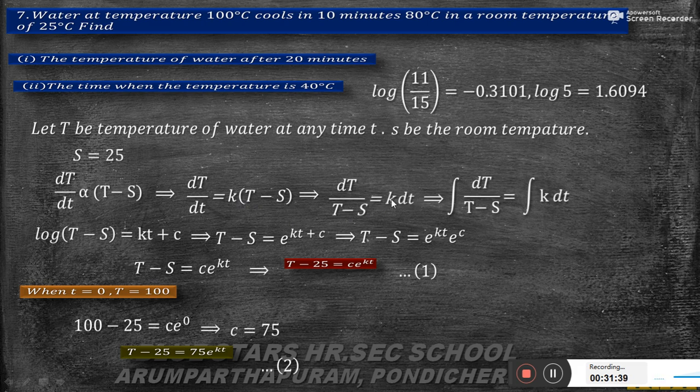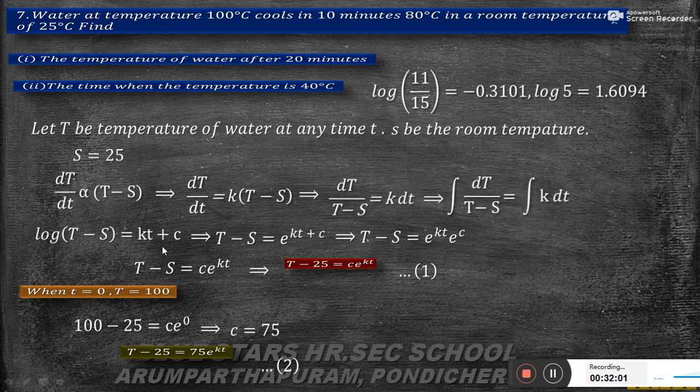The next step, taking the integration on both sides: integral dT by (T minus S) equal to integral K into dt. The integration of 1 by (T minus S) is log of (T minus S), equal to K into the integral of dt, which is t. So Kt plus C.